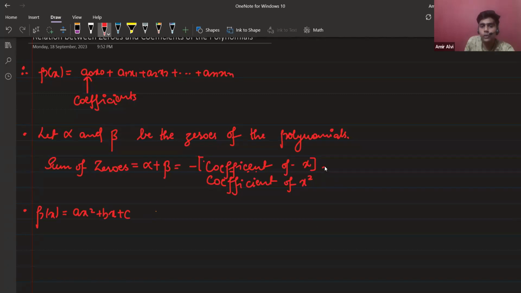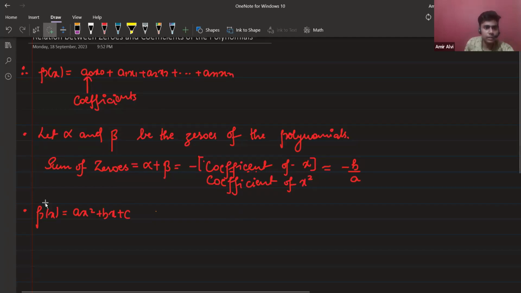Now tell me, all of you, what is the coefficient of x in this term? b. Okay, very good. So there is a minus sign there, minus b, and a is there. Yes or no?